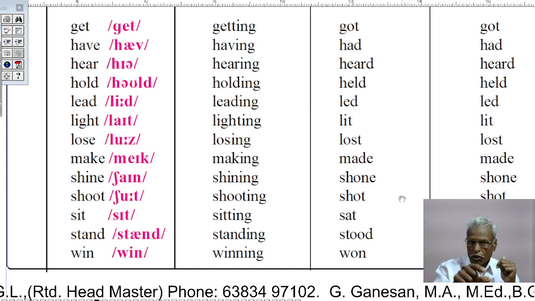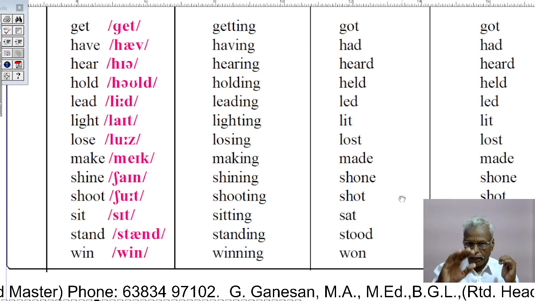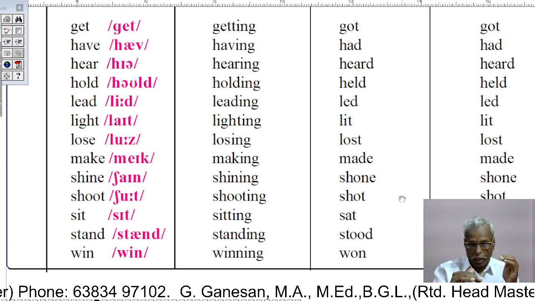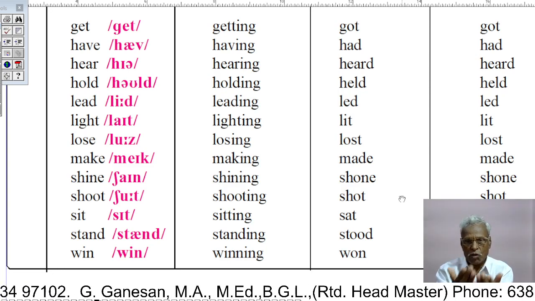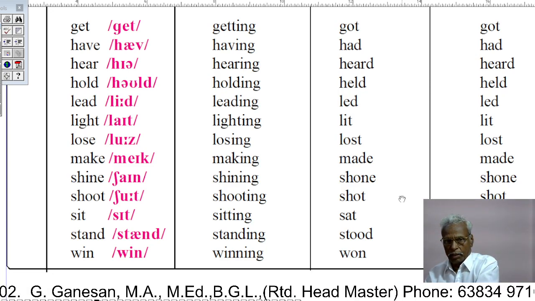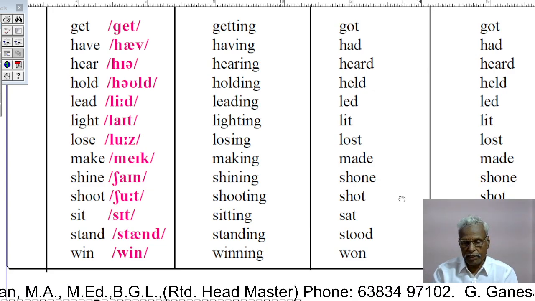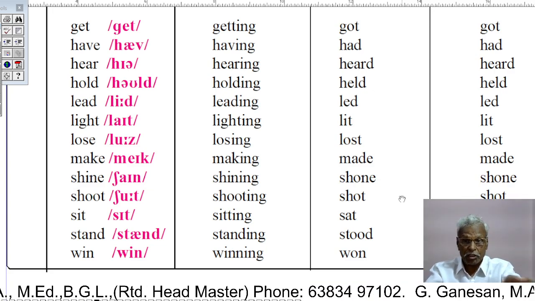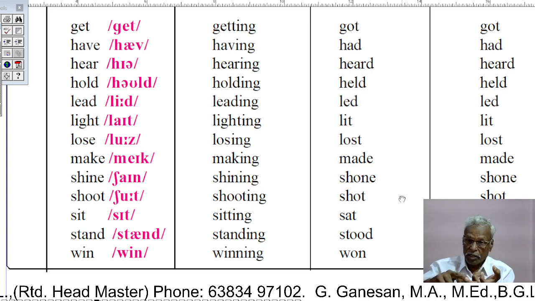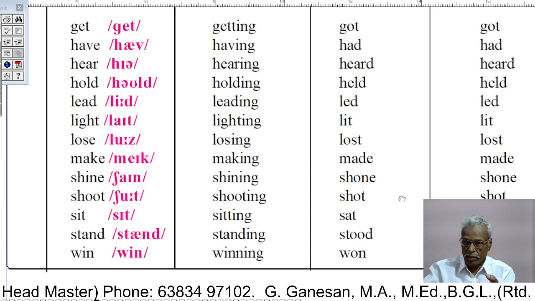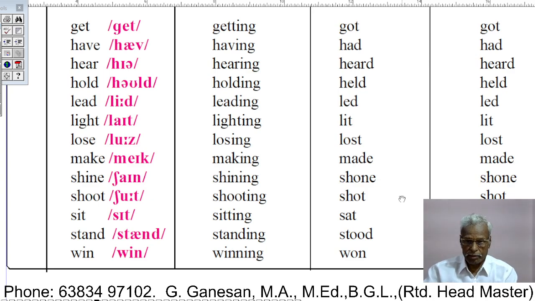Have: drop VE, take D. Had. Here simply add D to form its past tense and past participle. Had and heard are different words with different pronunciation. Heard, the center of the tongue raises, heard.